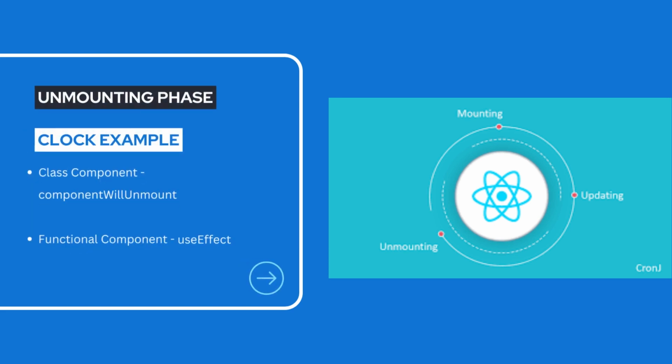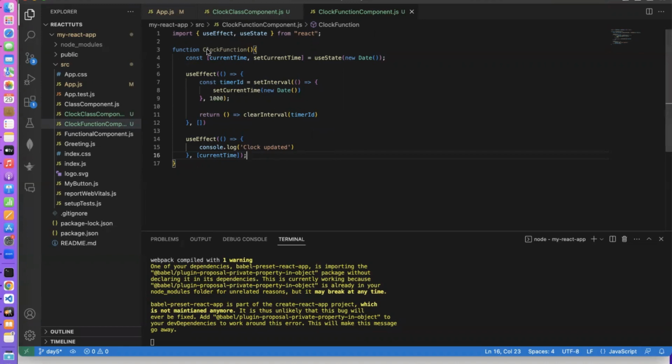Now the last phase of a component is the unmounting phase. Finally, during the unmounting phase, when the component is being removed, we should clean up our timer using the componentWillUnmount method in a class-based component and useEffect in a functional component. In a functional component, we have already done this using the first useEffect, where we have returned the clear interval and the timer ID.